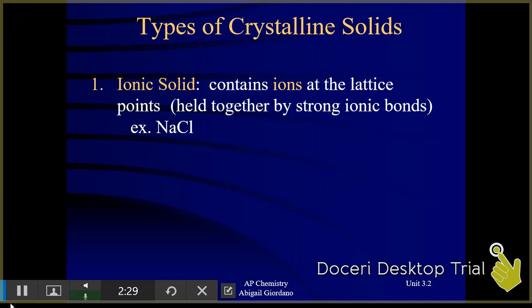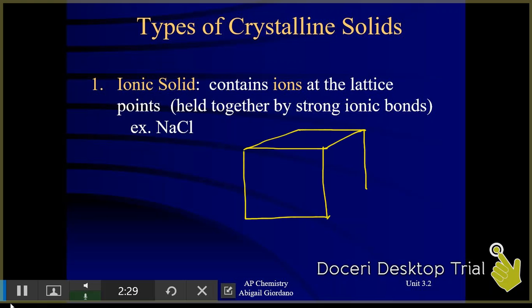And when I say contains ions at the lattice points, let's say that we do have a structure that is cubic, cubes stacked on top of each other. Lattice points mean like the corners, the junctions. If we're talking about an ionic solid, these corners are the lattice points.